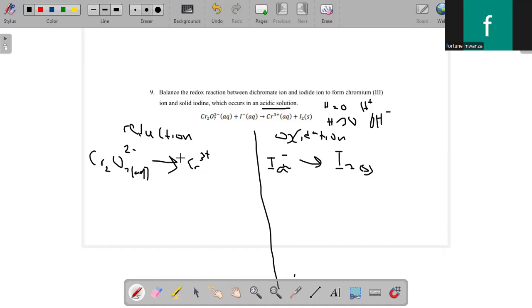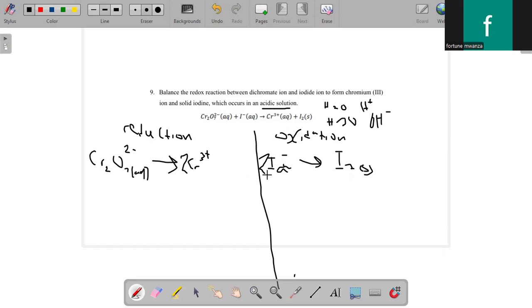So we have to put a 2 there to balance our chromium, so that we have 2 chromium ions on the products and 2 chromium on the reactants. So we balance for chromium. For iodine, we had 1 on the reactant, then we are having 2 iodine on the products. So you have to put a 2 there to balance the iodine atoms.